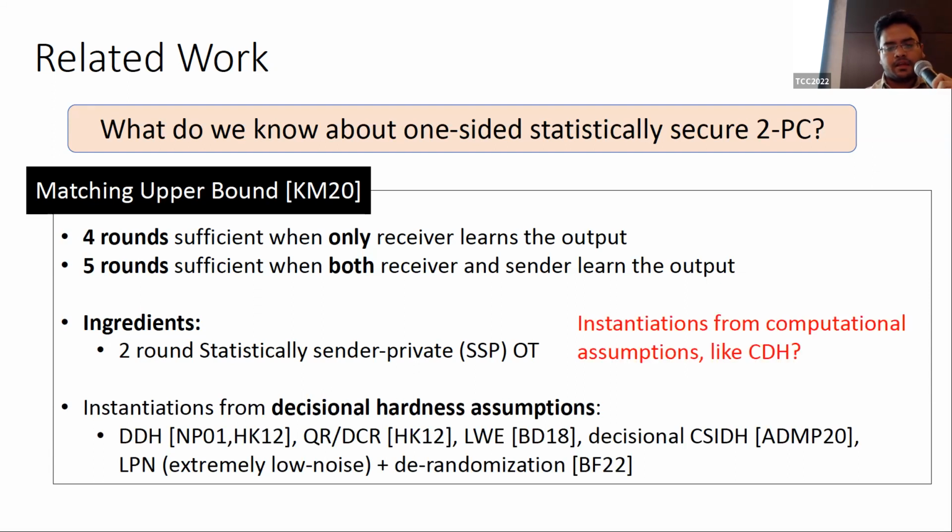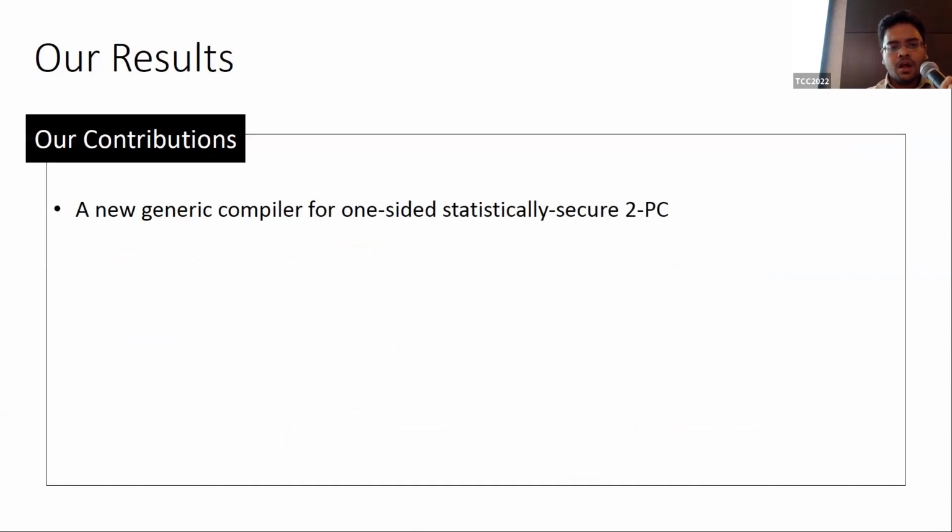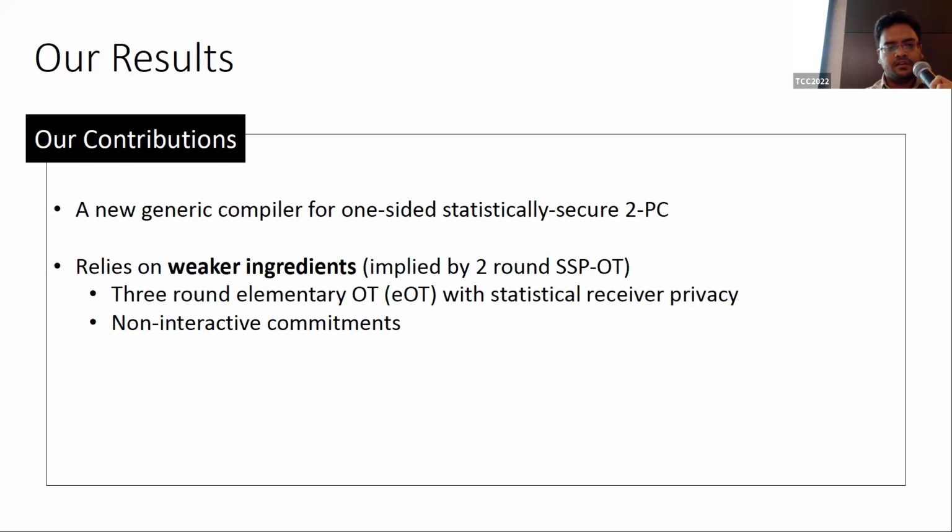But the problem is we want to obtain this compiler from computational assumptions like CDH, but we do not know 2-round SSP OT constructions from CDH. So our work constructs a new generic compiler for one-sided statistically secure 2PC. We obtain this result from weaker ingredients, mainly a 3-round elementary OT with statistical receiver privacy and a non-interactive commitment scheme.